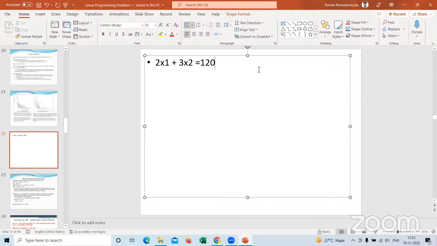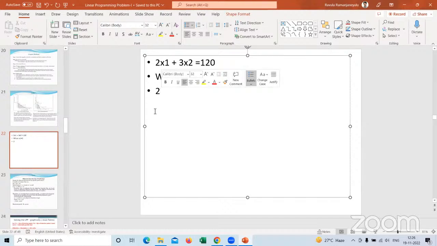In this, what we need to do is, when x1 is equal to 0, if we assume that, then what happens to the equation? We can consider x1 equals to 0.